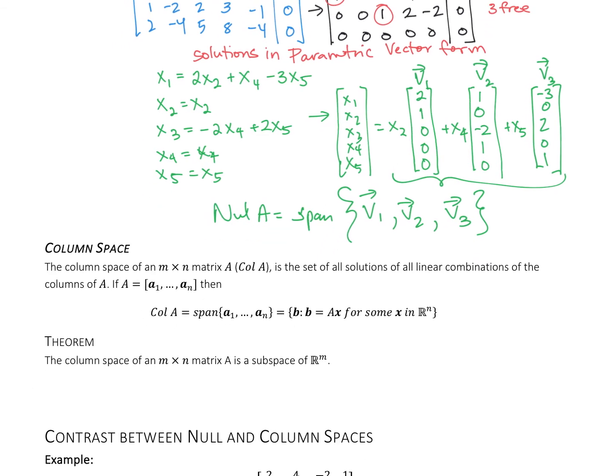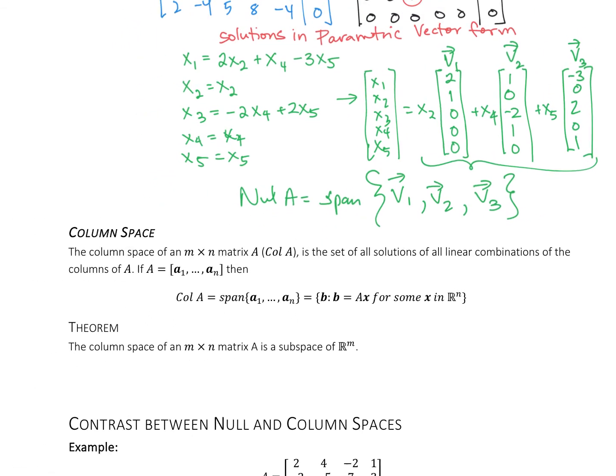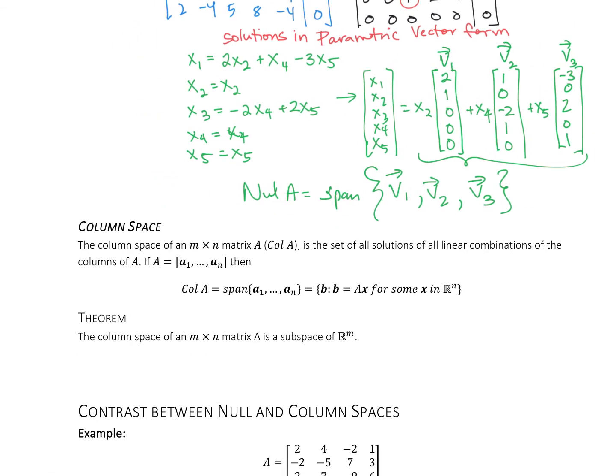All right, so column spaces are like null spaces, but different. They're similar. A column space actually does involve a span, whereas this one works because if I take any x2 or any x4 or any x5, that gives me a solution.